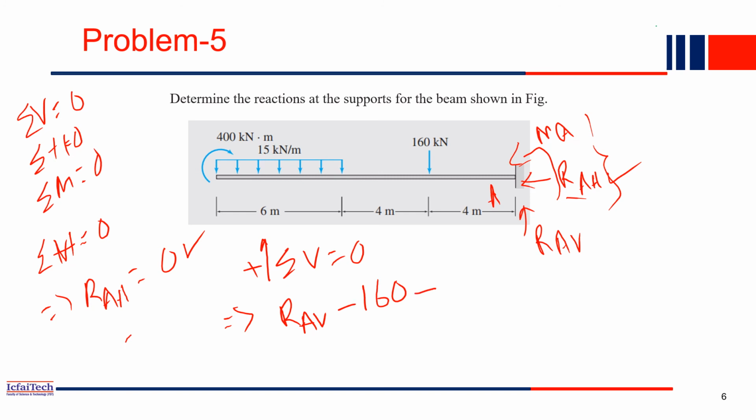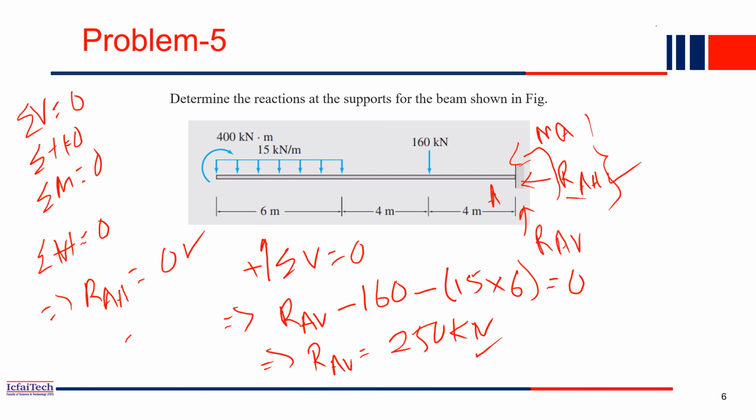Then negative, this 15 kilonewton per meter is also downward. So negative 15. How much is the total load? 15 into 6, the entire length it is acting is 6. This is equal to 0. So from here you will get RAV equal to 250 kilonewton upward. So this is done.